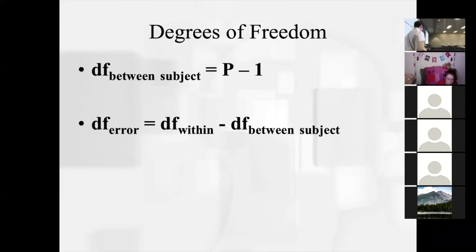For your degrees of freedom between subjects, this is going to be new. It's going to be the number of participants you have minus 1. All right, you could also, in theory, write it like that.